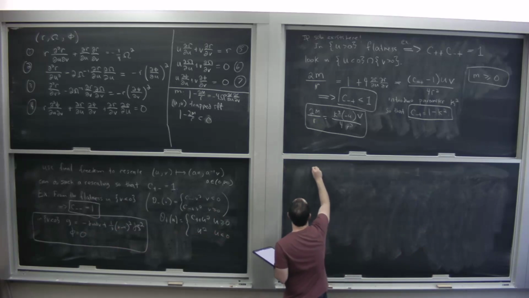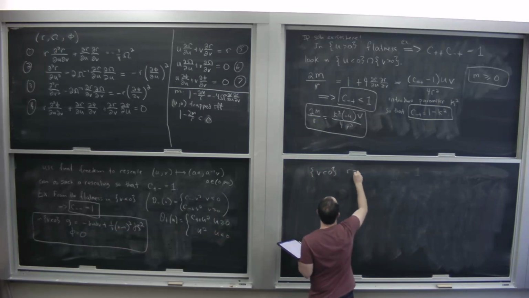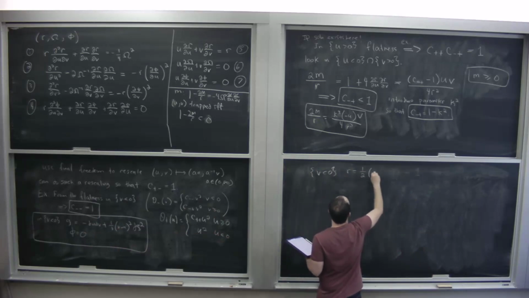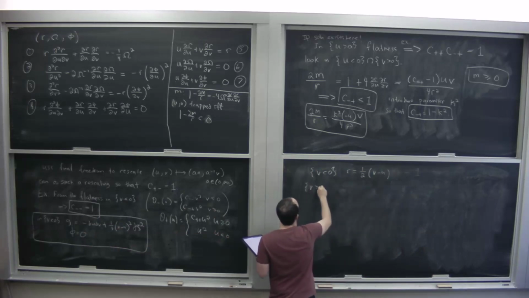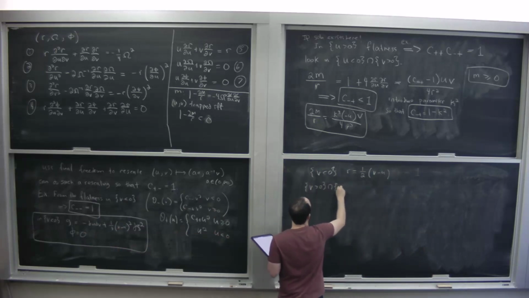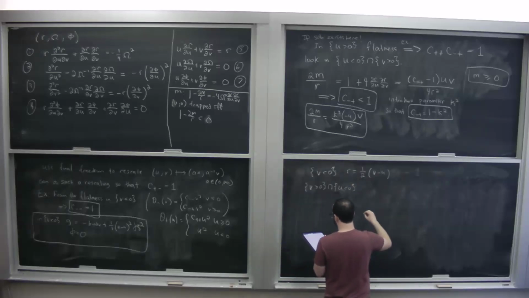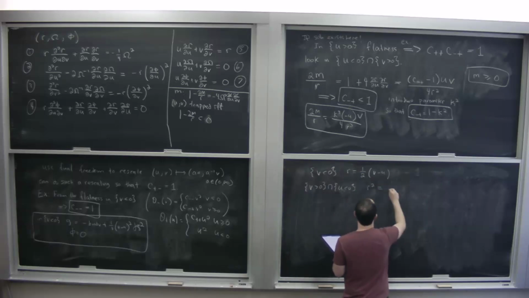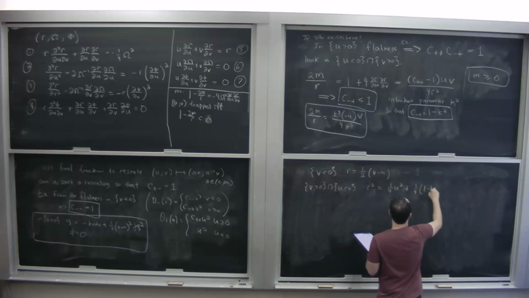Okay, so we already have that. So when v is less than 0, we know that r is this, right? And then here we have this formula, r squared equals 1/4 u squared plus 1/4.